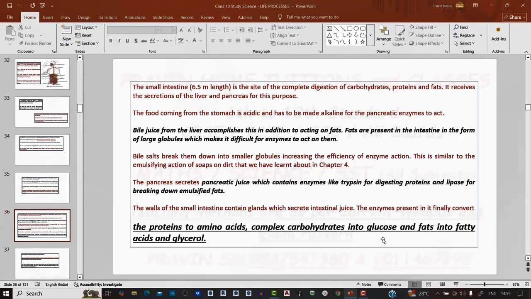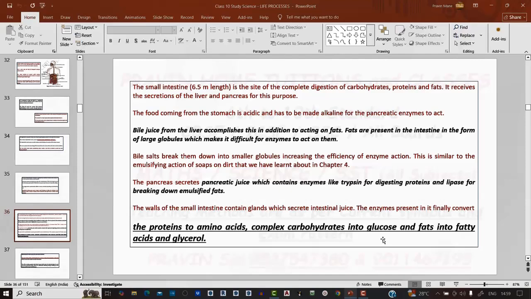Then the pancreas secretes pancreatic juice which contains enzymes like trypsin and lipase for breaking down proteins and fats.